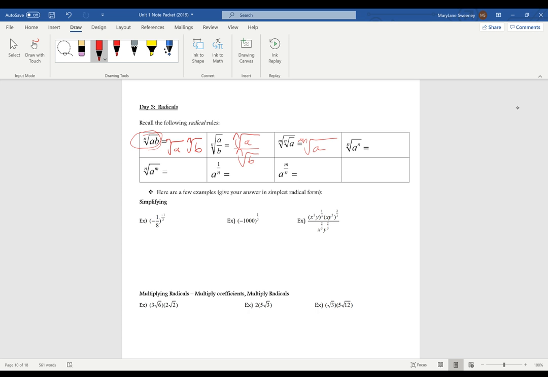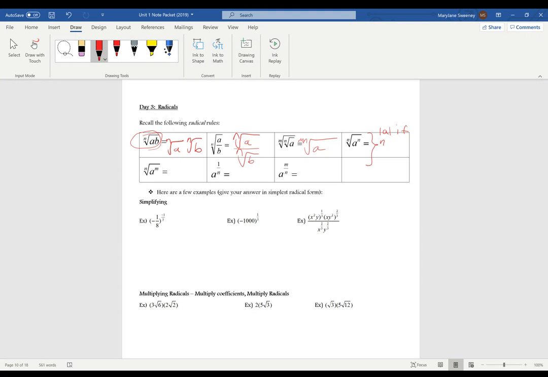The nth root of A to the nth, now normally we kind of just say those cancel out, but what you really need to know is it's just the absolute value of A. So basically, A without a sign on it, just positive.